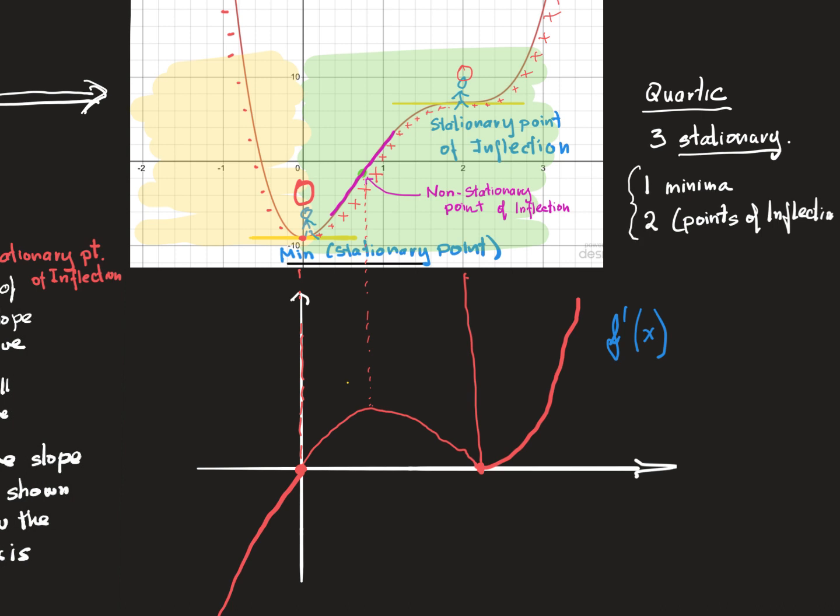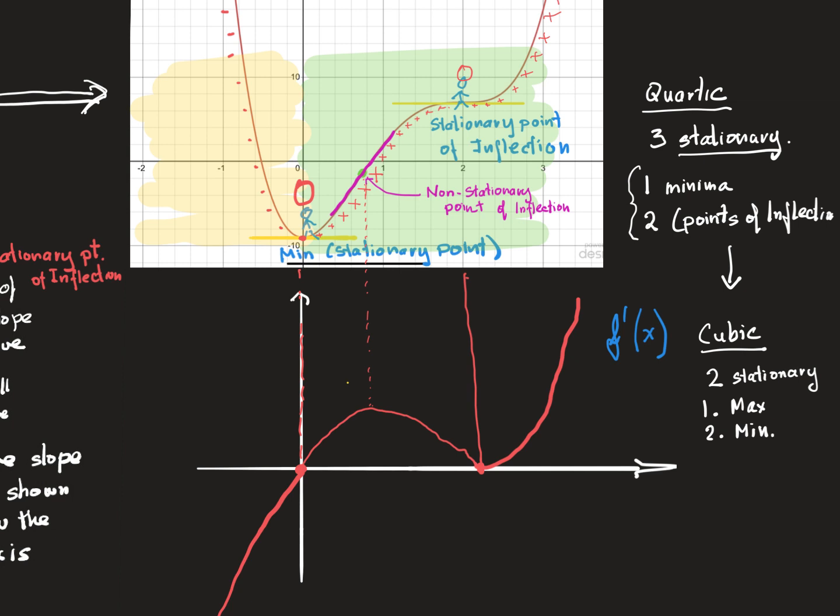Now, because we've gone down and derived it, we now will have a cubic. And a cubic will have 2 stationary points. And in this case, we actually have one that is a maxima and the other one is going to be a minima.